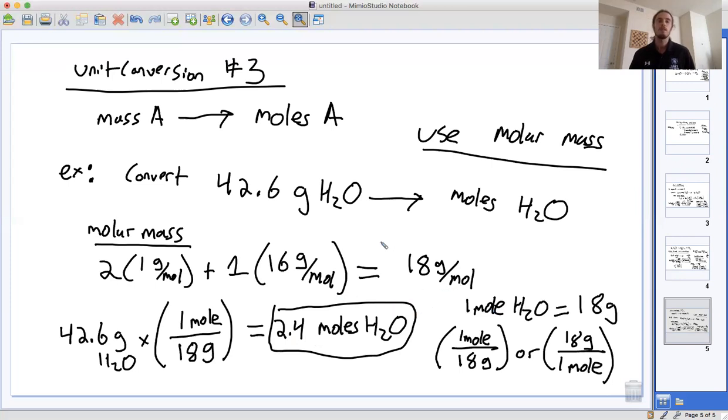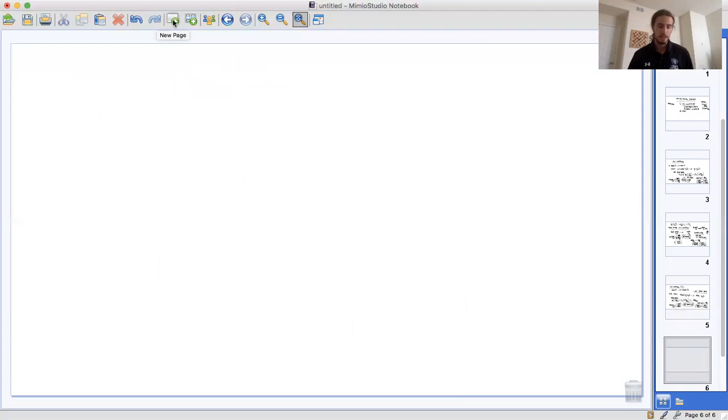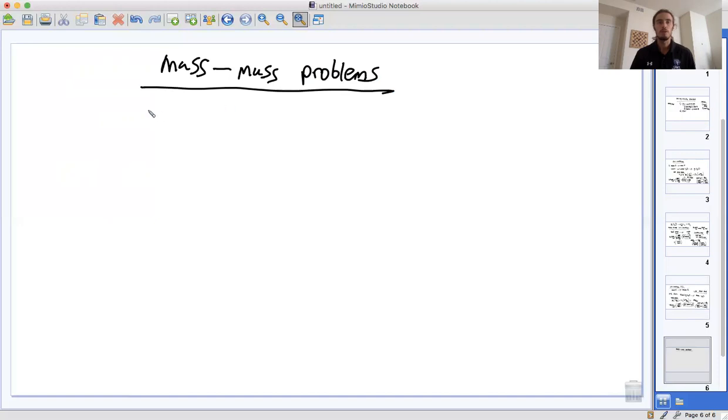All right. Now let's put it all together. We're going to look at mass to mass problems now, right? This is a problem where, one, you're given a balanced chemical equation, right?